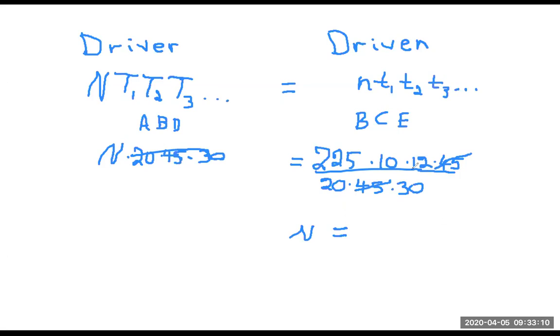And 10 and 20 give you a 1/2. 12 and 30, they don't do it quite that. It's going to be 2/5. So it's going to be 2/10. What are we getting on this problem? 45 RPM. Does that look about right?